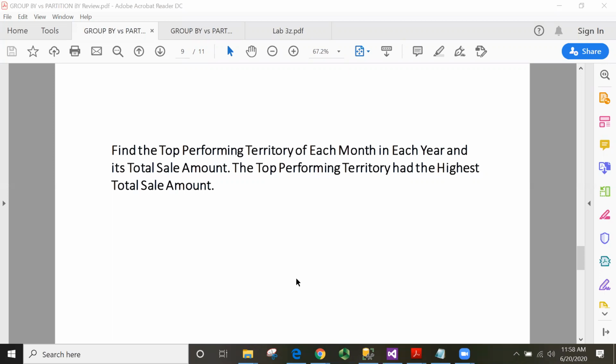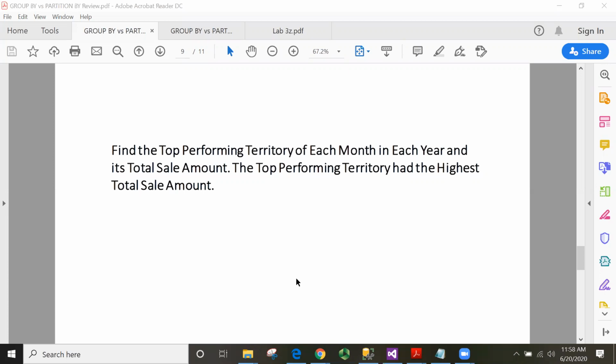Do we need to summarize data for this question? Do we need to aggregate data for this question? Okay, so we have both, right?